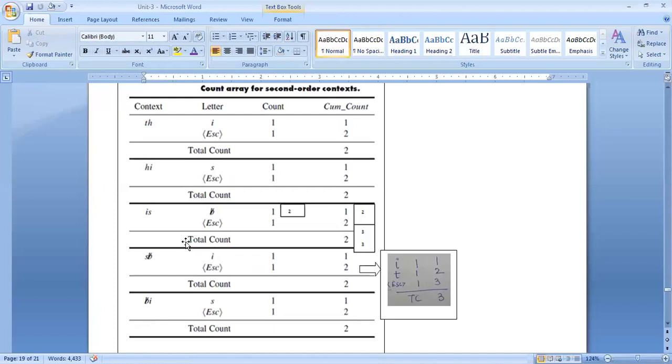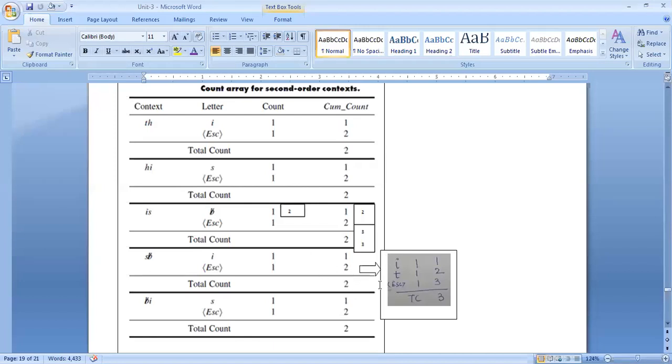So we update this I by doing something. What will we do? We will add T. Like for I, count is 1 and cumulative count is 1.